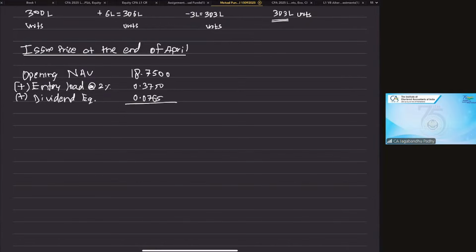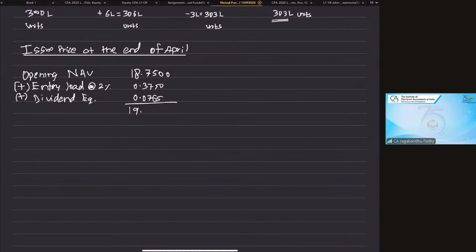The total of all three is 19.2015. Okay, this is the issue price.